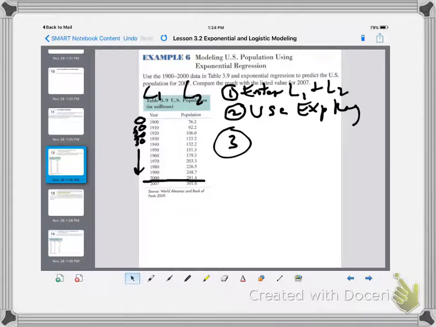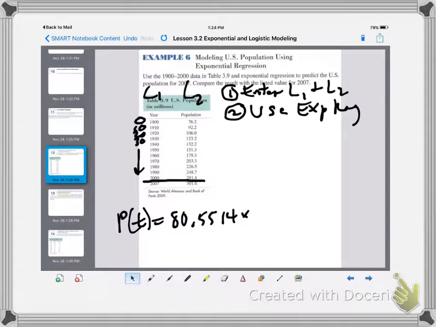In this case, your model is going to be P of T equals 80.5514 times 1.01289 to the T power.